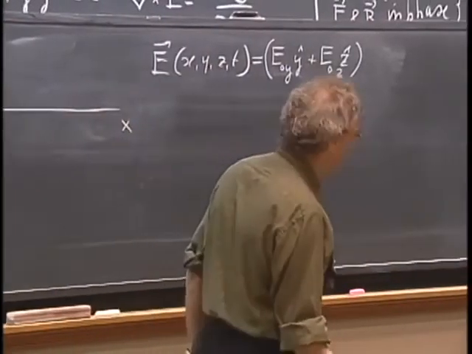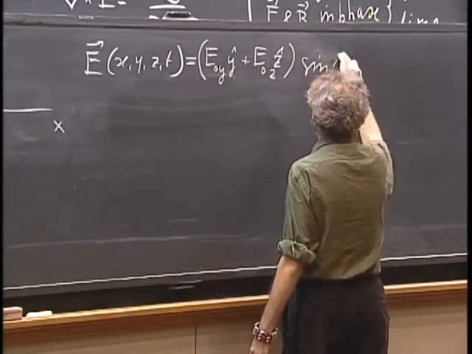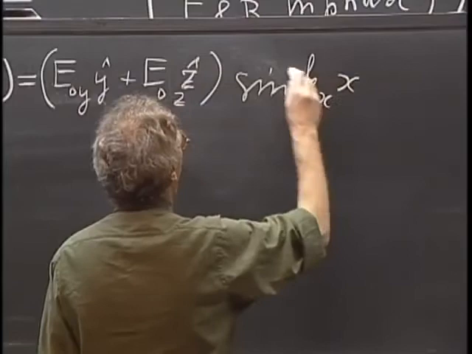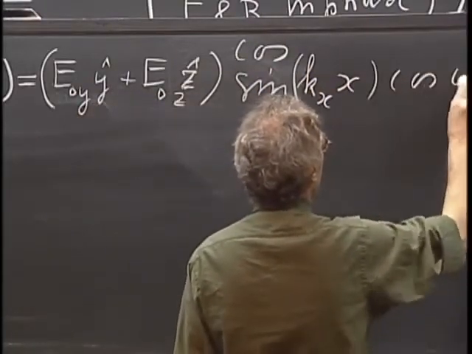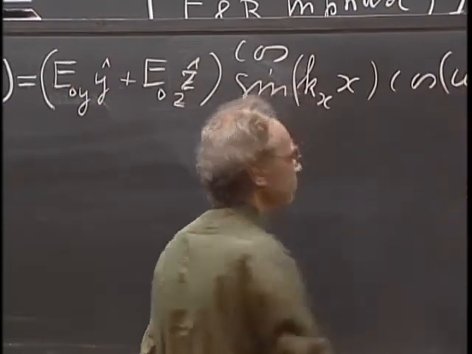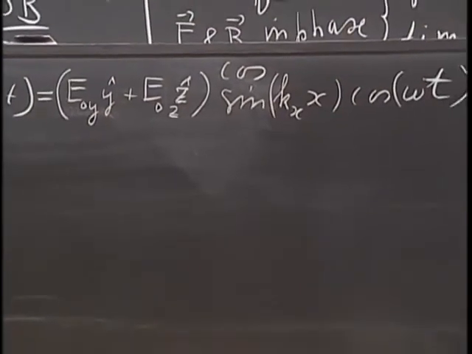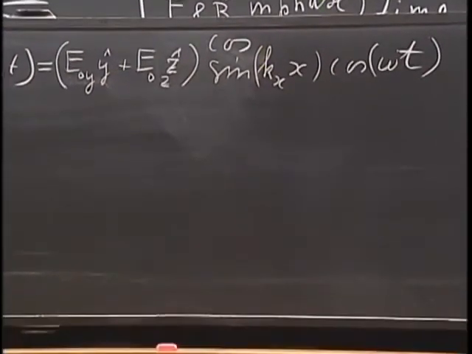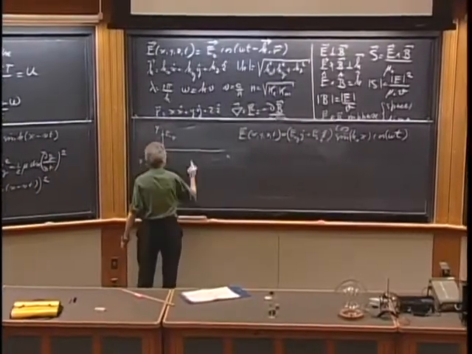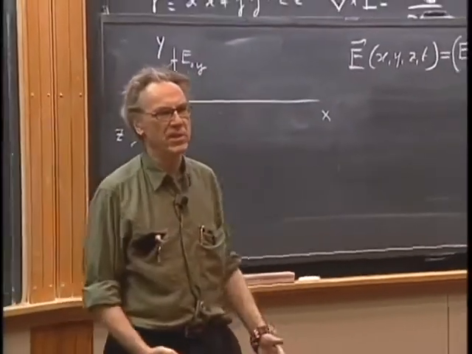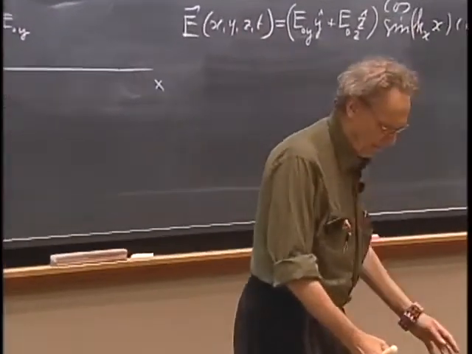And now you get your spatial part in the x direction, for which you can write down either the sine of kx times x, or if you prefer a cosine, I have no problem with that. And then we have here cosine omega t. There is no dependence of E on y and z, the plane waves. So if you take any plane perpendicular to x, infinite in size, independent of y and z, the E vector will be the same.